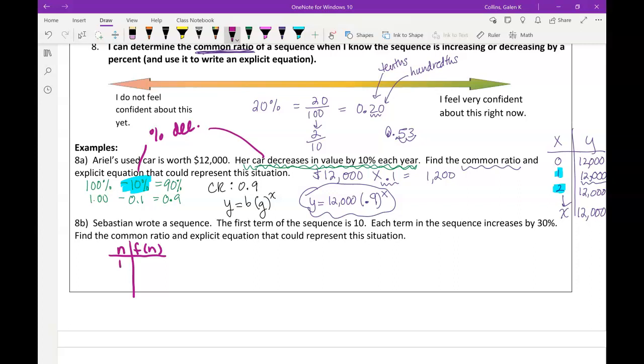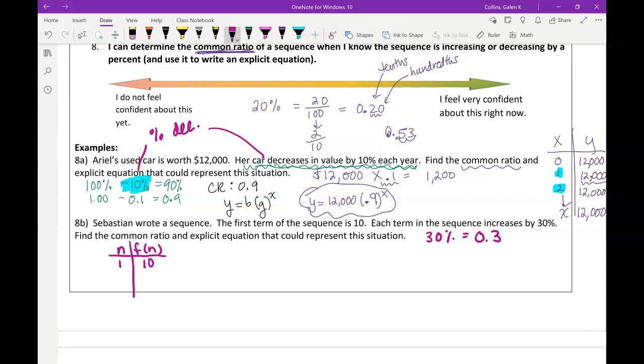N would be 1 if my first term is 10. And then we're told each term increases by 30%. So again, 30% as a decimal is going to be 0.3. Again, we just divide 30 by 100, 0.3. But if I multiply 10 by 0.3, I'm going to get the number 3.